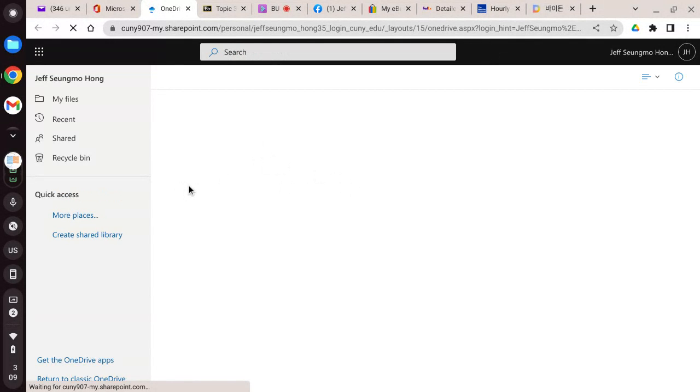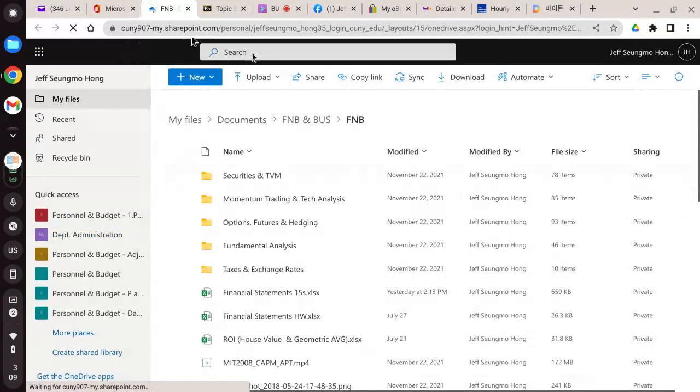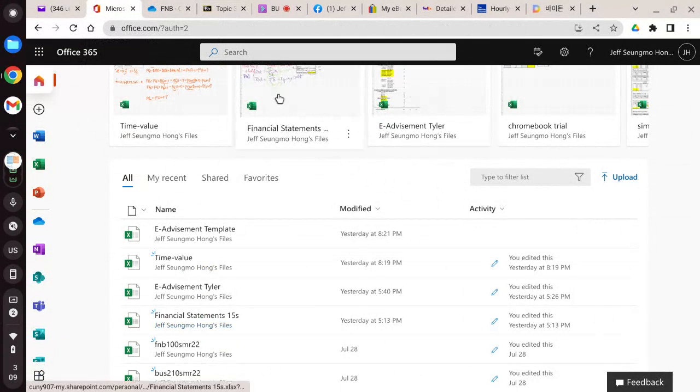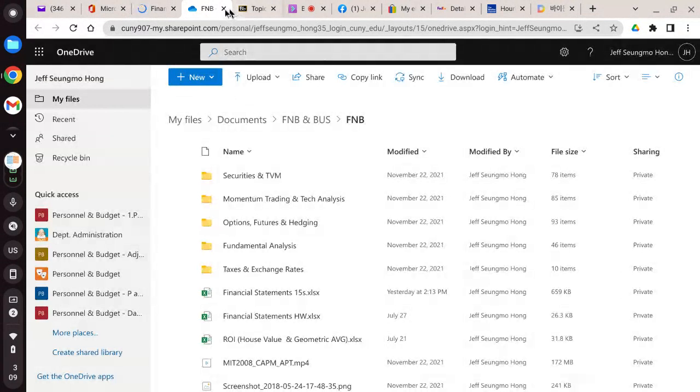Let's open this Excel file. Why does it take me here? Can I not open it directly? Oh yeah, I guess I can open it directly from there. Okay, this isn't necessary.